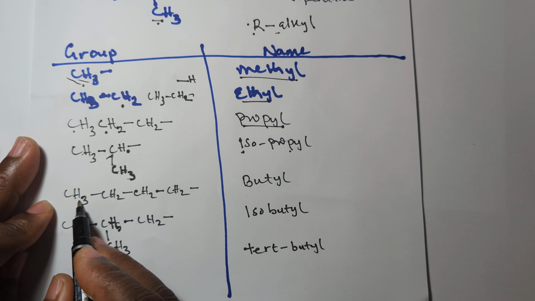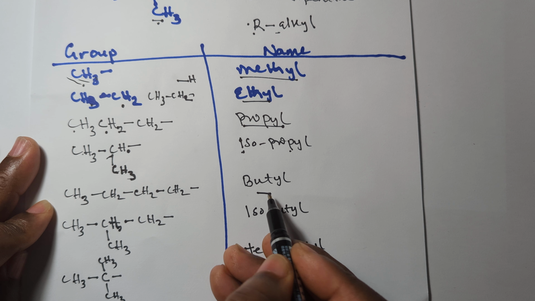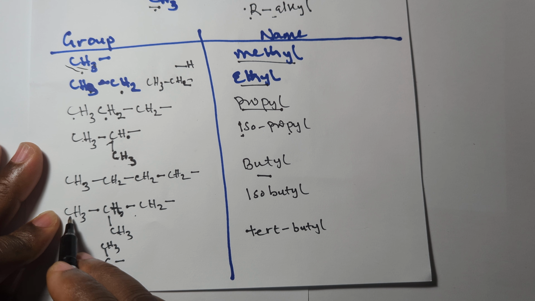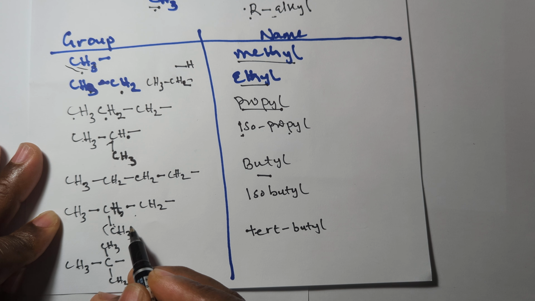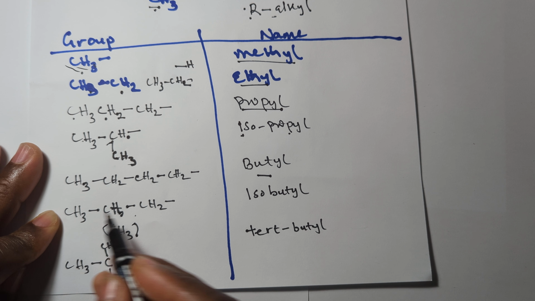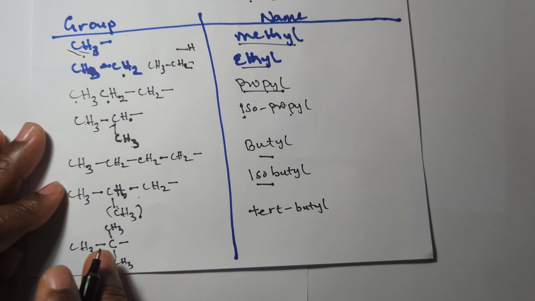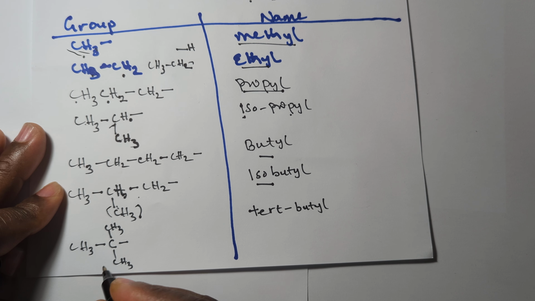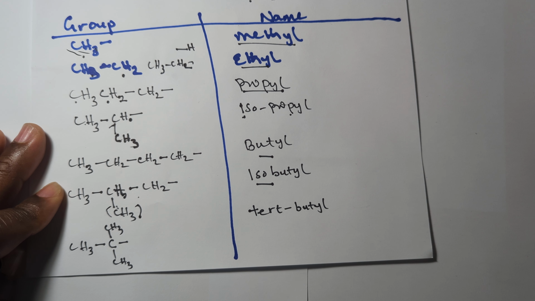For butane without the hydrogen, we call it the butyl group. Then this is another butyl, but we have a continuous chain here and another carbon that is not continuous, so we call it isobutyl. Now we have another group with CH3.